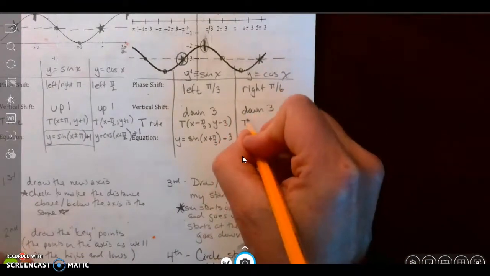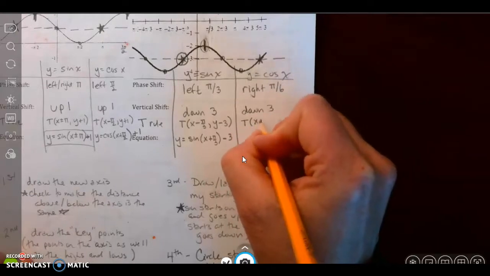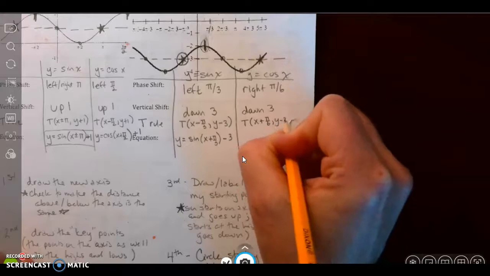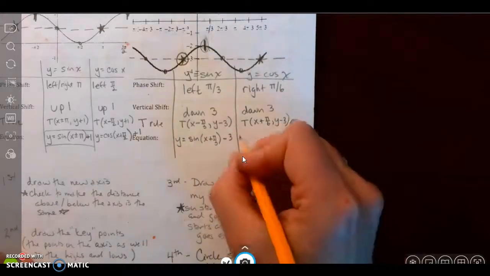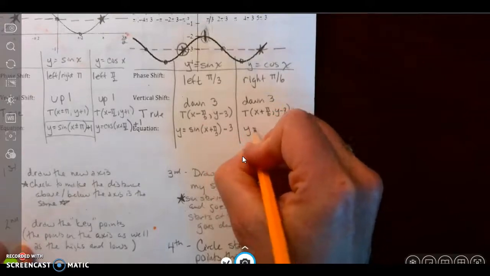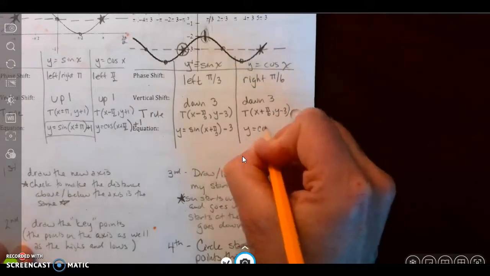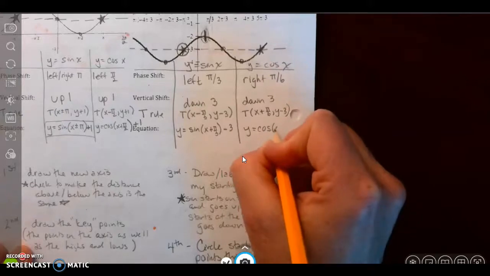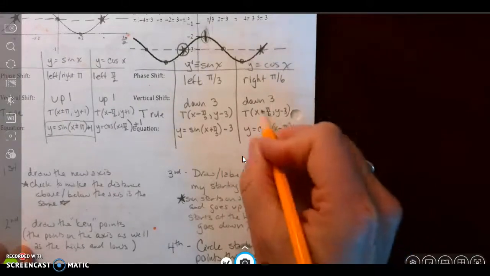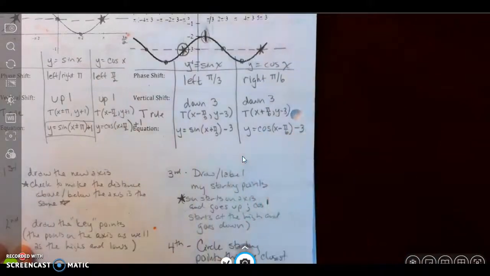So my rule is x plus pi over 6, y minus 3. So when I go to write my equation, I get y equals cosine of x minus pi over 6, because it lies in the equation, minus 3.